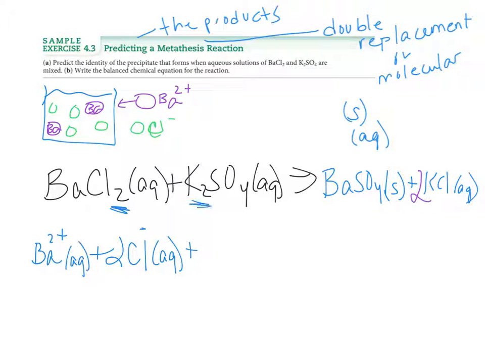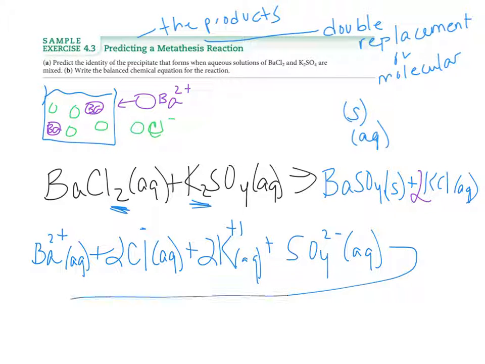Plus, we have two potassiums here, so we have two potassium ions with a +1 charge each. They are aqueous. We have one sulfate ion here, so sulfate, 2-, that's aqueous.